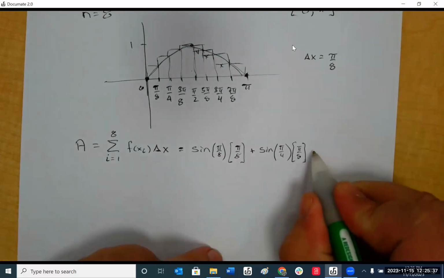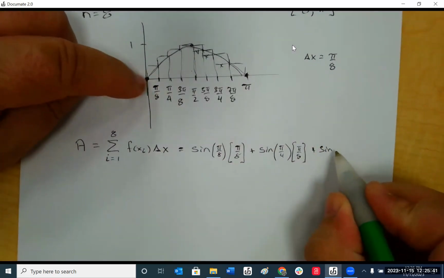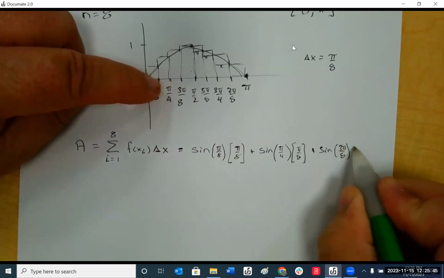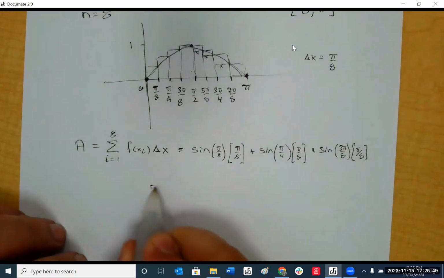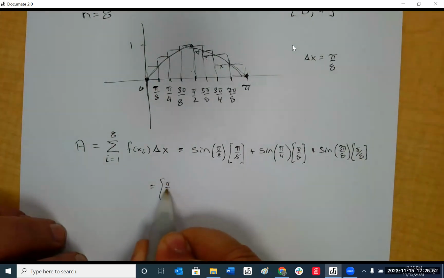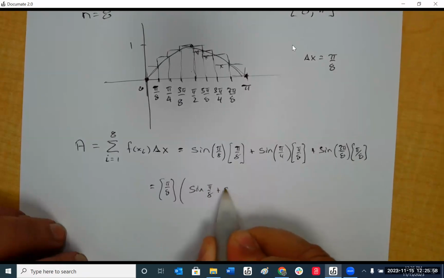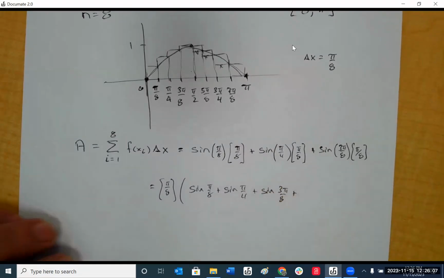Because each one of these, we're going to have to put a sine 3 pi over 8. So if we factor out the pi over 8, then all we have to do is put the sine pi over 8, sine pi over 4, sine 3 pi over 8, and keep on going.